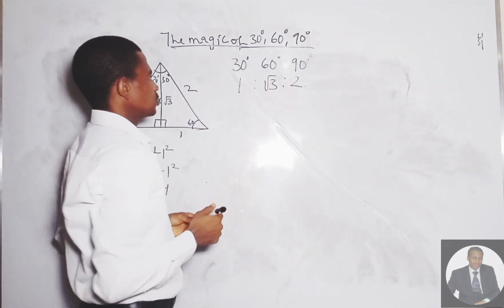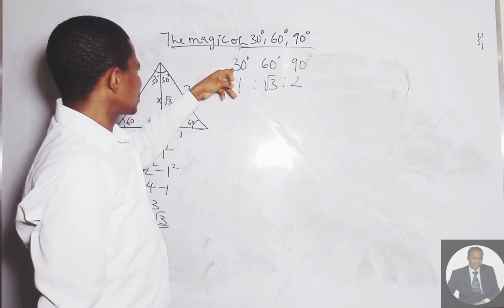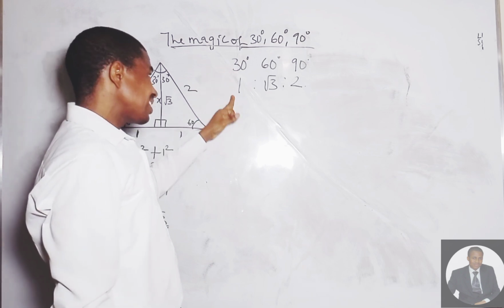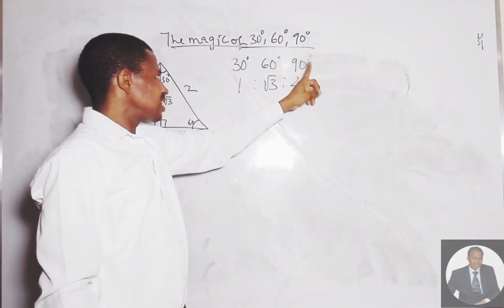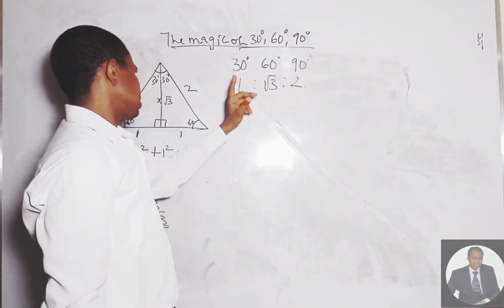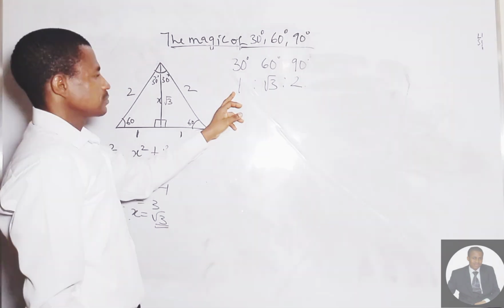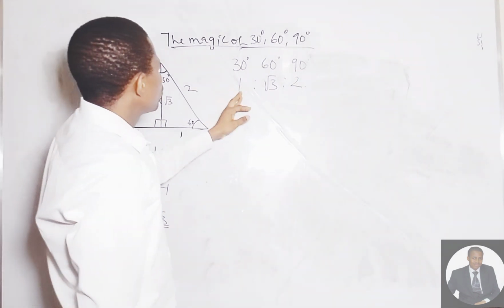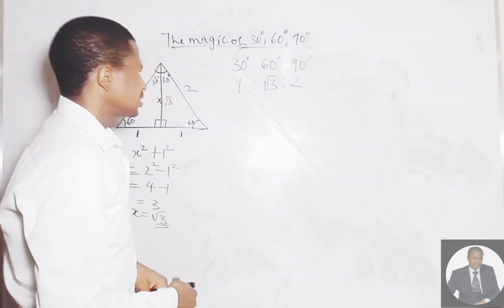Once the side facing angle 30 is 1, whatever it is, the side facing angle 90, the hypotenuse, will be double what 30 degrees is having. And then we'll only multiply by root 3 to get our 60 degrees.